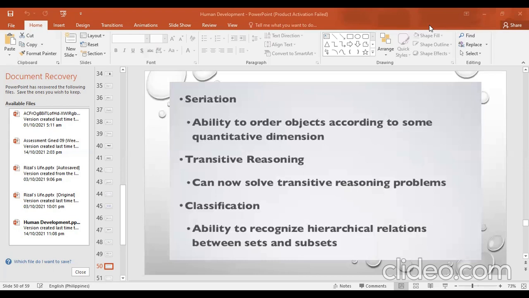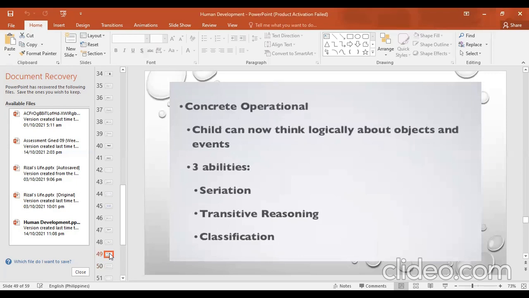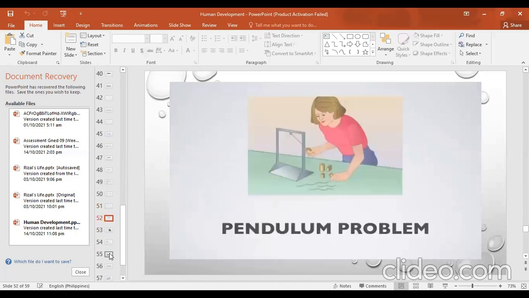So, in short, when we talk about the concrete operational stage, may learnings na, may knowledge na. At nadi-distinguish na din ni kid or nung bata na kung ano yung tama sa mali. Okay.